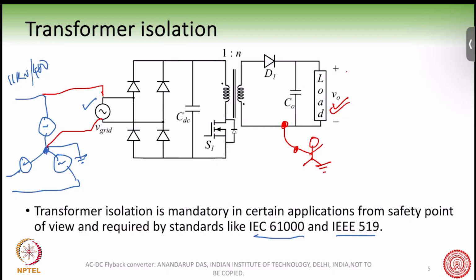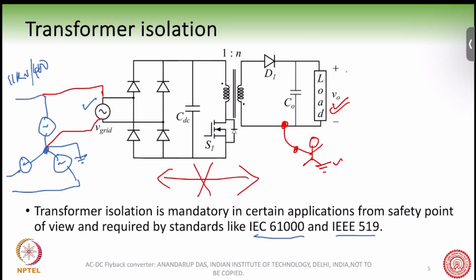No current can flow, because the primary and the secondary of this particular converter, the input and the output, are isolated. So in spite of the fact that your legs are on earth and your hands are touching the secondary side of the transformer, some part where you have connected the load, suppose you are turning on a TV, so this converter is supplying a television, and you are touching some parts of the TV.